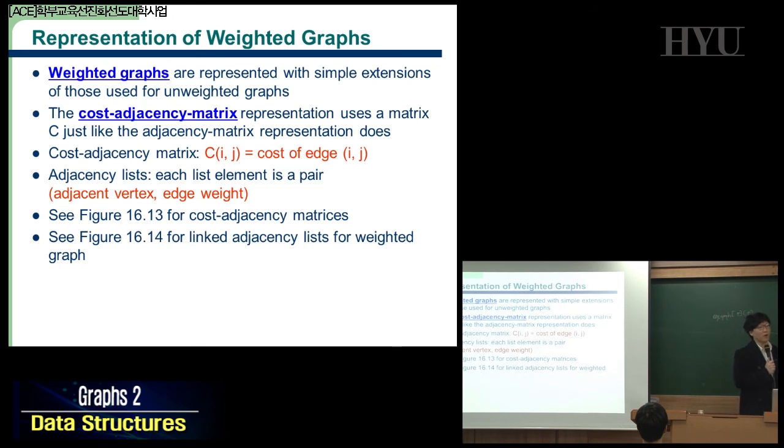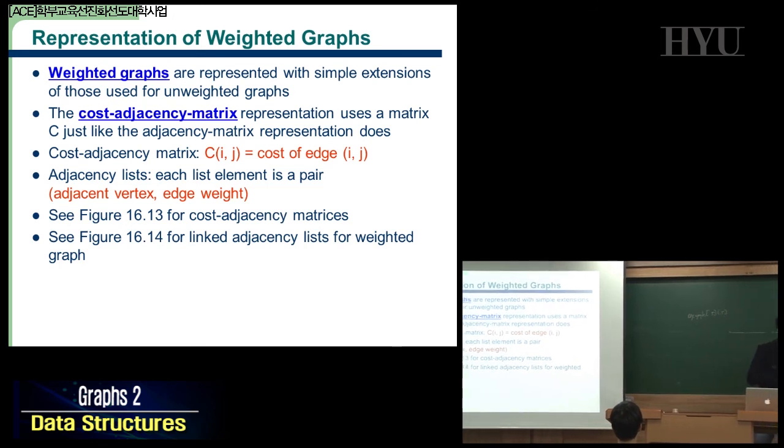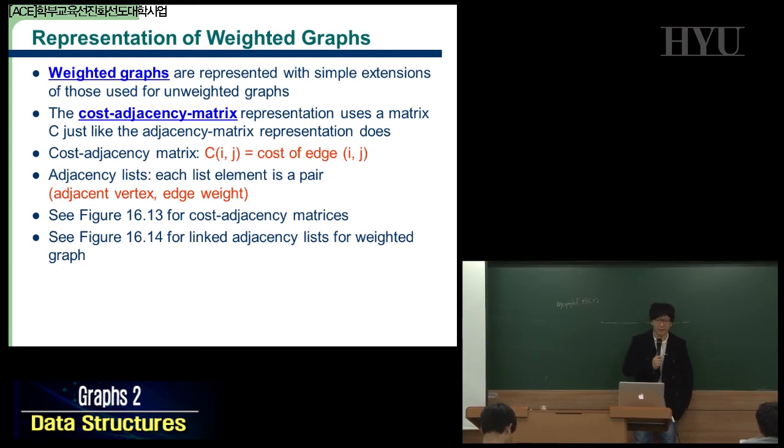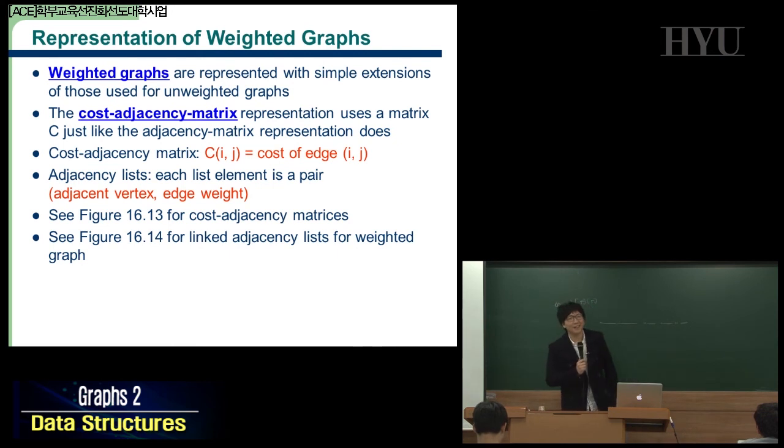Then you have a weighted graph representation in your data structure. So those are very simple ways of representing, accessing, and programming your graph. That's how you represent your graph in your programs.